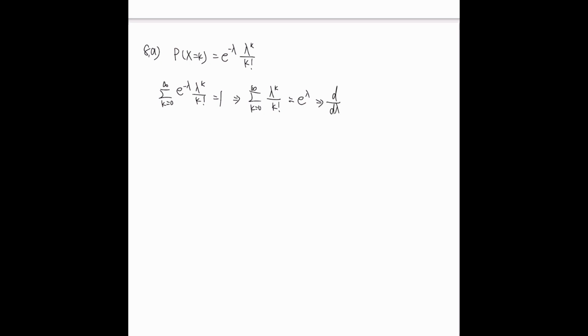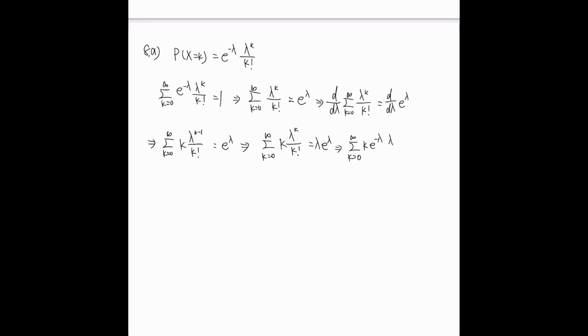And d over d lambda of the sum from k = 0 to infinity of lambda^k over k factorial equals d over d lambda of e^lambda. So the sum from k = 0 to infinity of k lambda^(k-1) over k factorial equals e^lambda. The sum of k lambda^k over k factorial equals lambda e^lambda. The sum of k e^(-lambda) lambda^k over k factorial equals lambda.